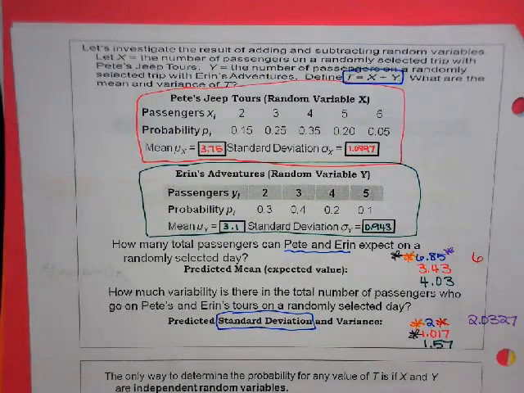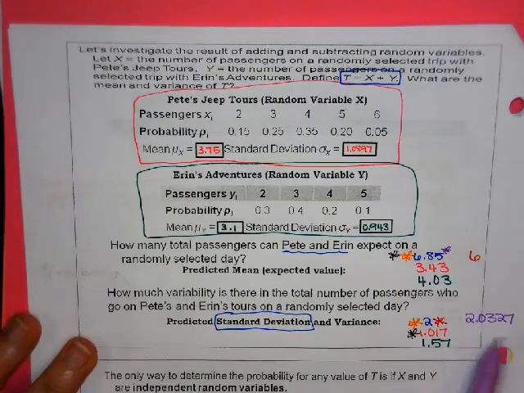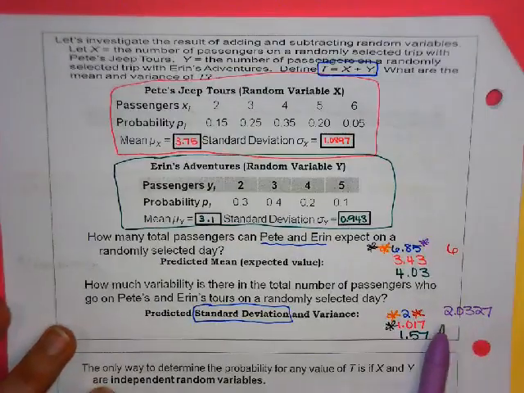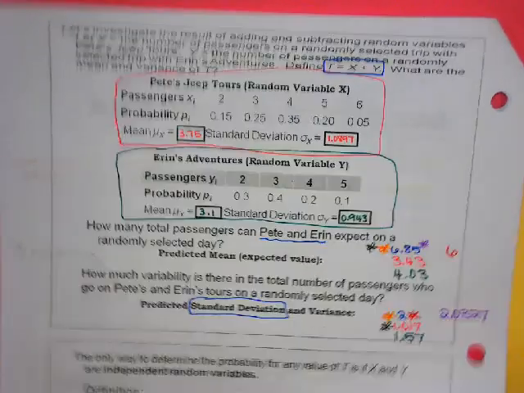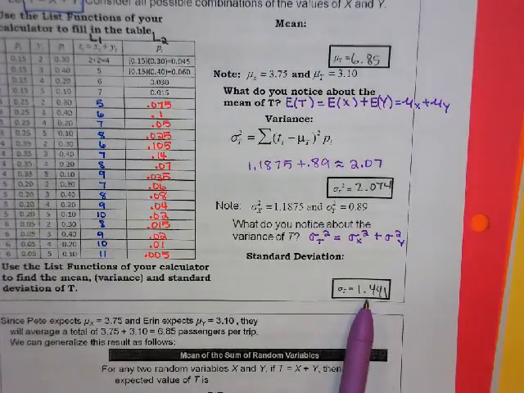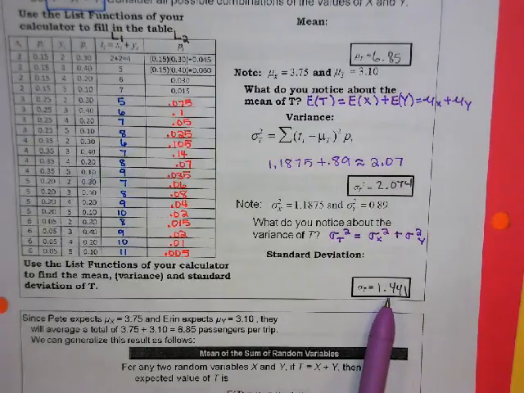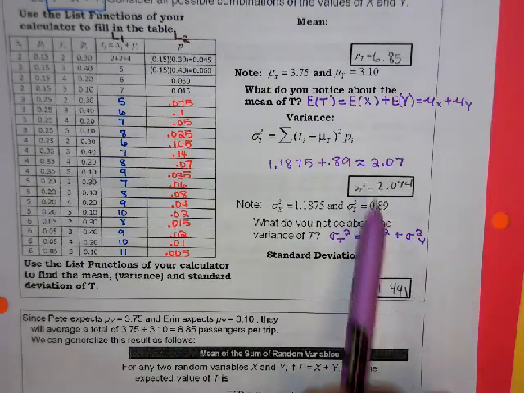That is not the standard deviation that the calculator gave us. The calculator gives us about 1.44, which comes from the square root of the variance.